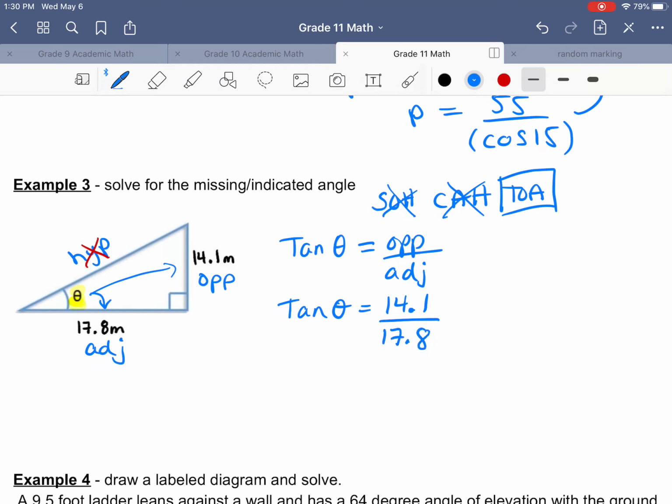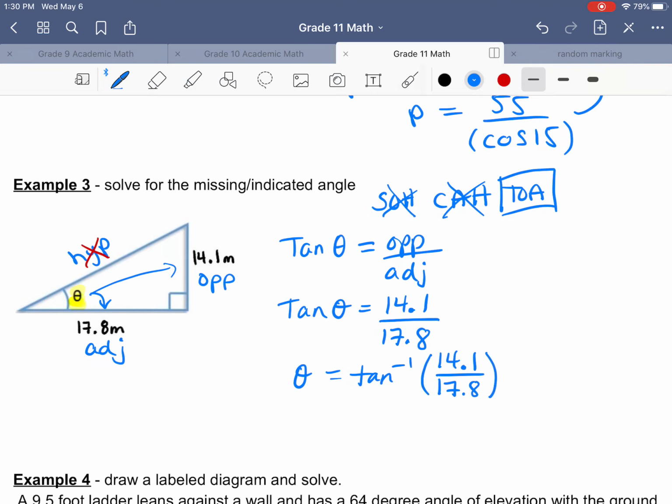Now, depending on your calculator, again, there's some different ways that you may need to punch this into your calculator. And I'm going to write out the next step first and then talk about that briefly. So theta is going to be equal to tan to the -1, which is actually inverse tan, of 14.1 over 17.8, or divided by 17.8.